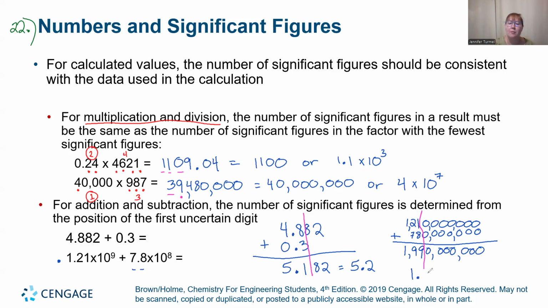And so it becomes 1.99 times 10 to the ninth. So even though there's only two significant figures here, I have three here. And it's all based on where that decimal point or where the last significant value lies. Okay.